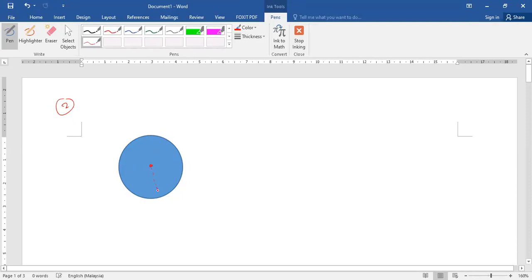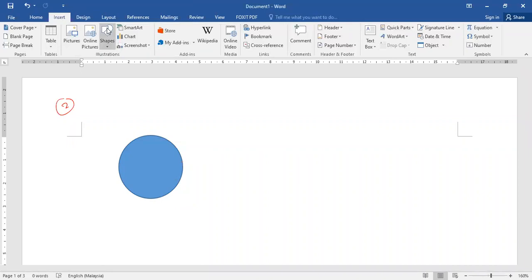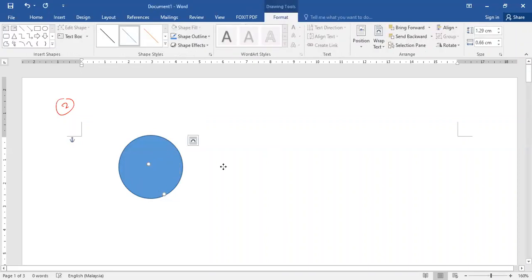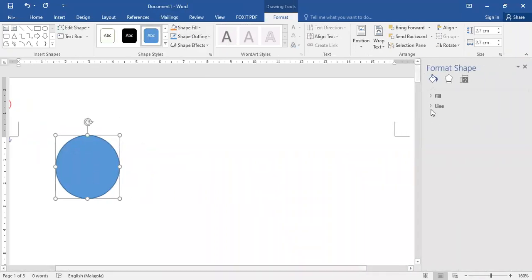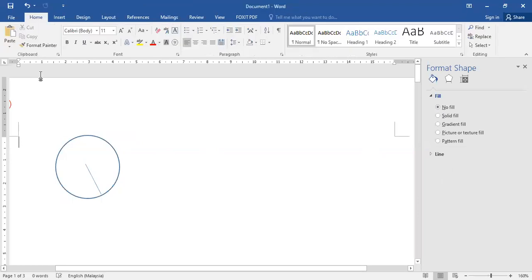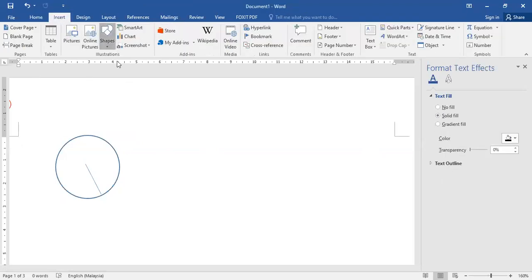When it moves from a point to another point, okay, better I use a line, from here to here.